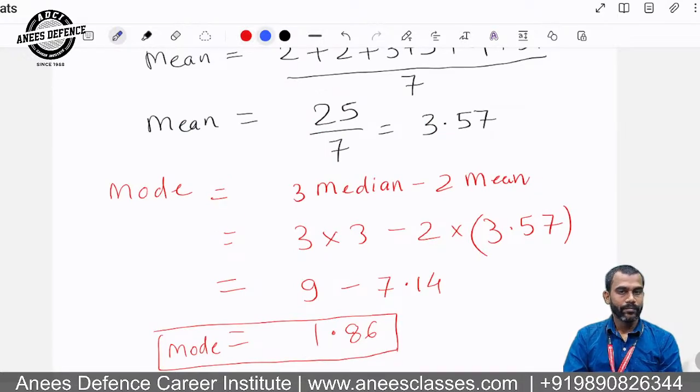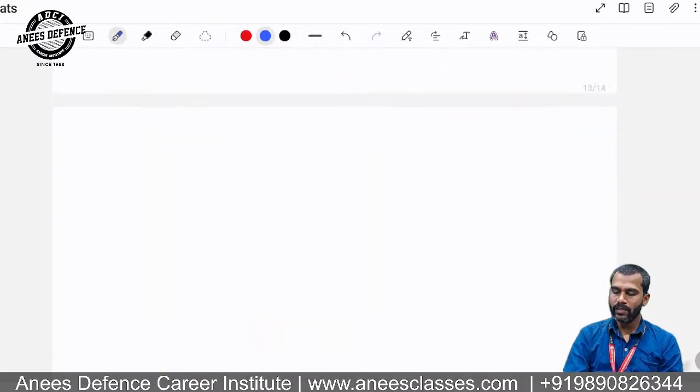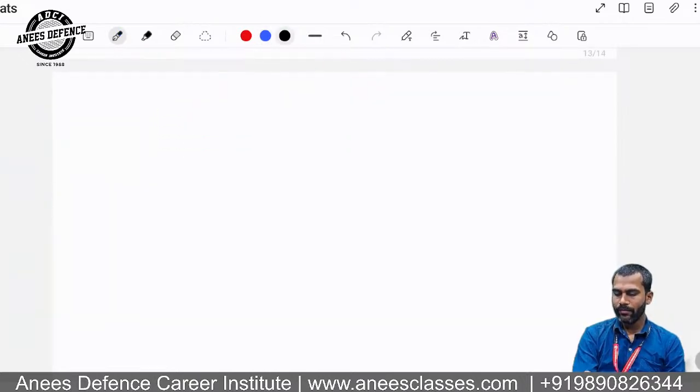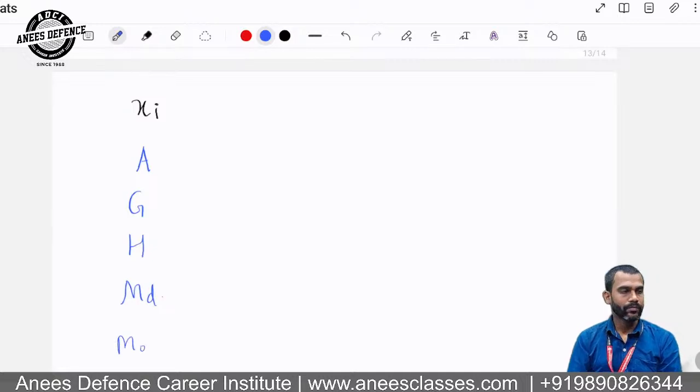Shall we move ahead? Shall we revise that shift of origin and change of scale table? Suppose we have observations xi. We have AM, A, GM, G, HM, H, median, Md, and mode, Mo.